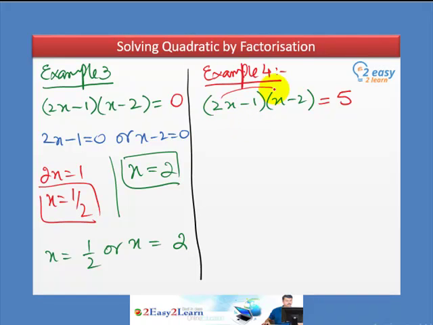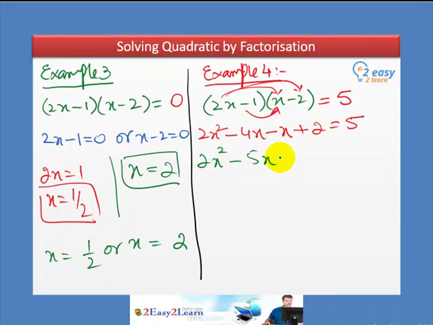Open the bracket, 2x times x, 2x square, and minus 4x minus 1x plus 2 is equal to 5. Rearrange this equation, 2x square minus 5x plus 2 minus 5 is equal to 0. 2x square minus 5x minus 3 is equal to 0.